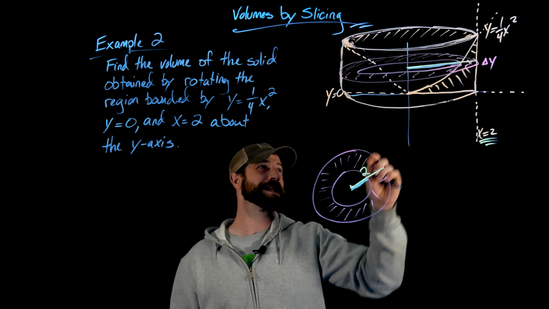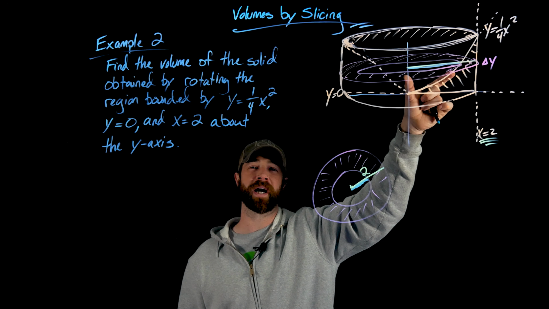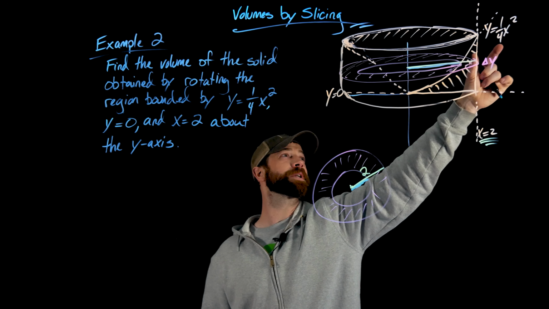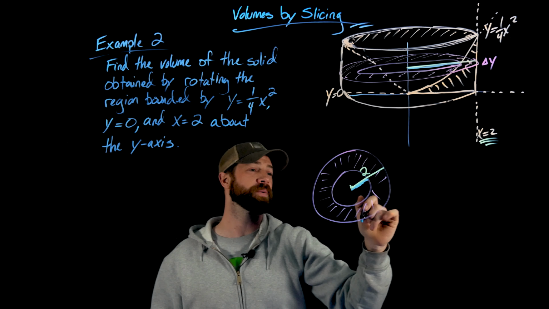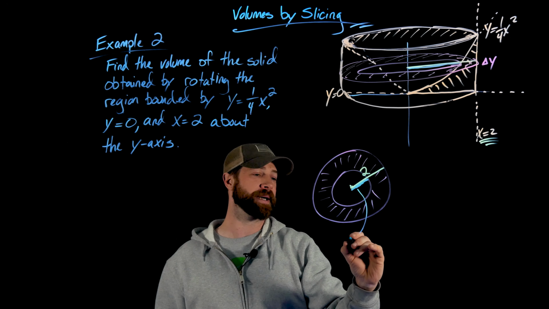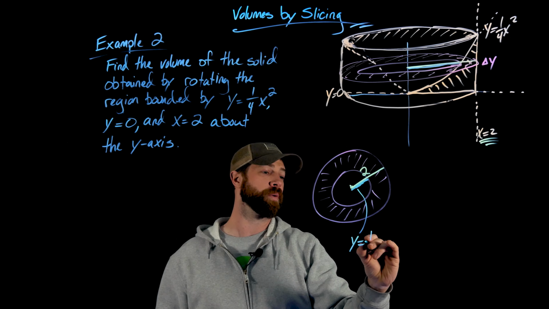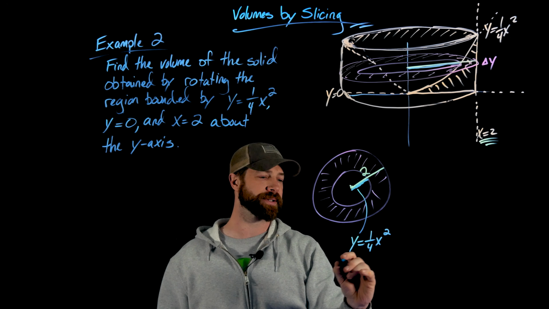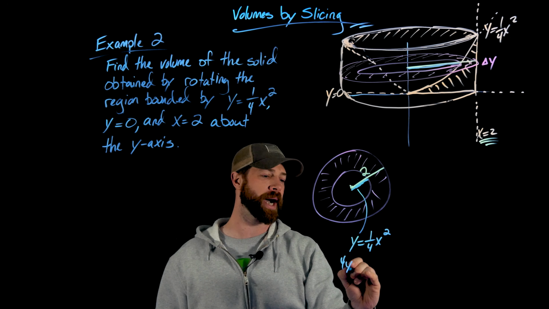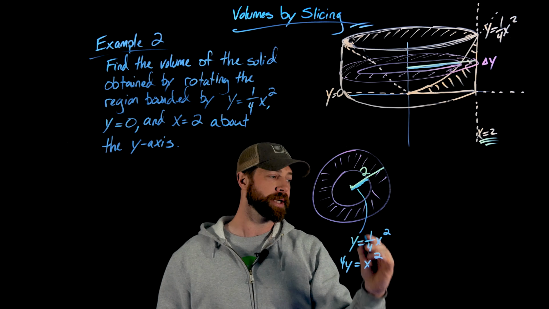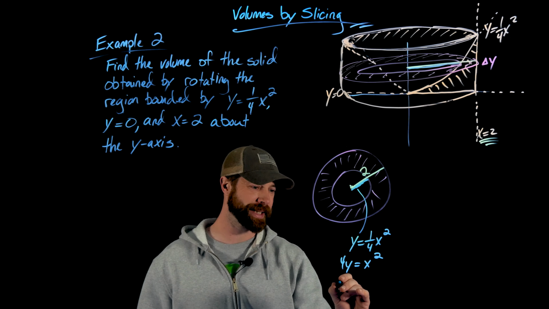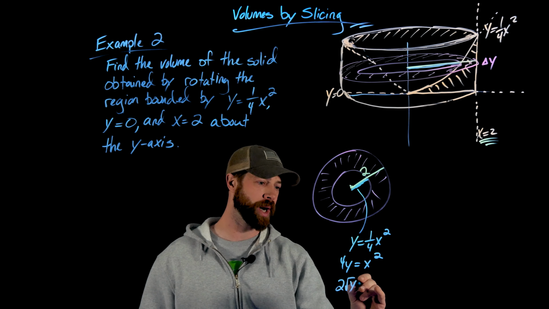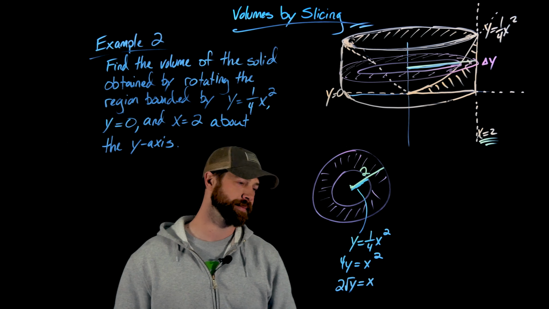That x value is determined by the relationship between x and y. So we take y equals 1/4 x squared and solve for x. We get 4y equals x squared. Square rooting both sides, we get 2 square root y equals x.